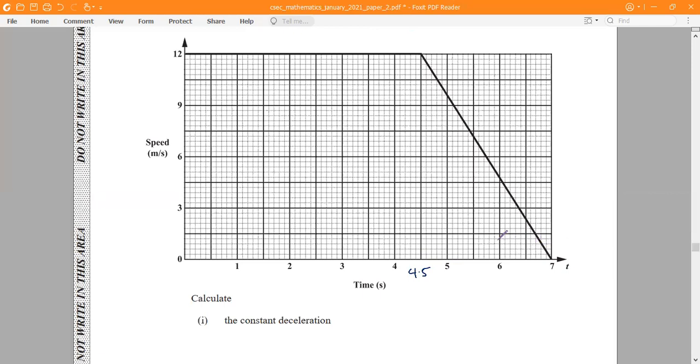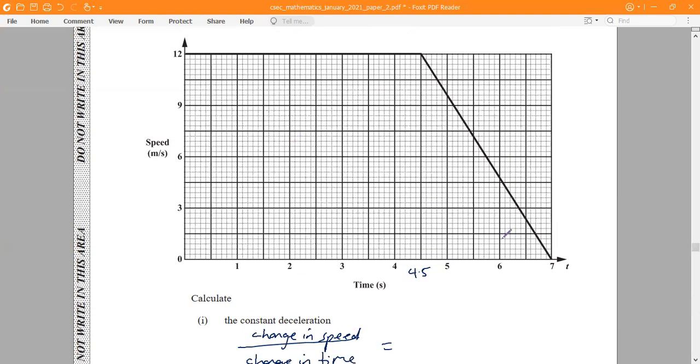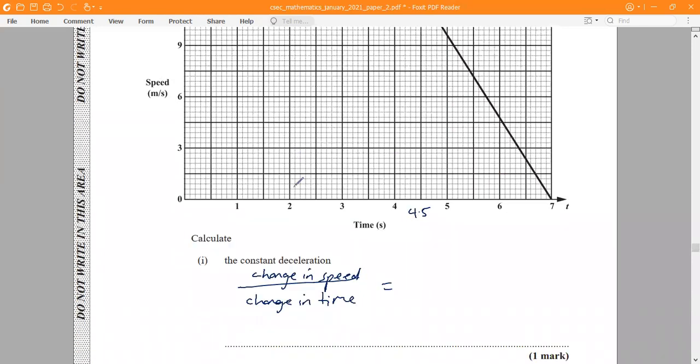So the change in speed divided by change in time. All right, so the speed went from 12 to 0. So the change in speed is 12 meters per second.